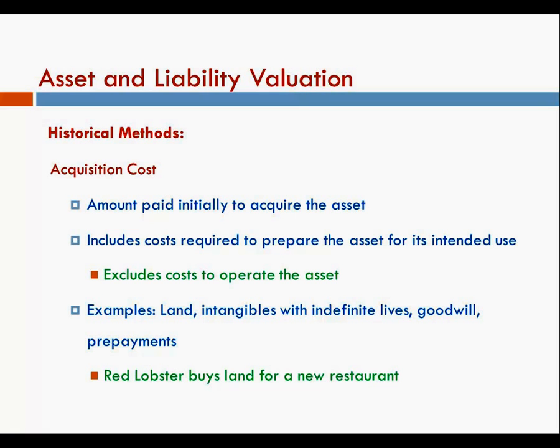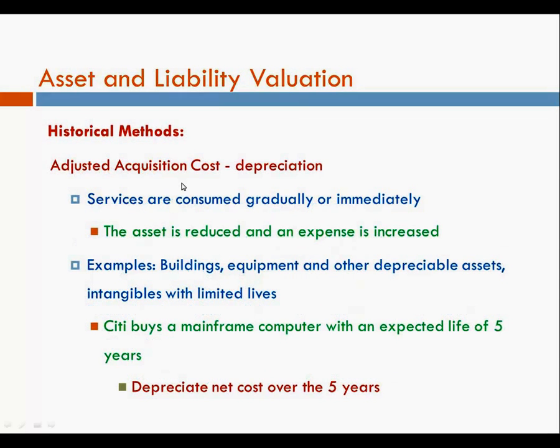So an example could be Red Lobster. They buy land that they intend to build a new restaurant on. They would record that land at its acquisition cost. And land is not depreciated. It keeps its value, so there's no depreciation on that cost.